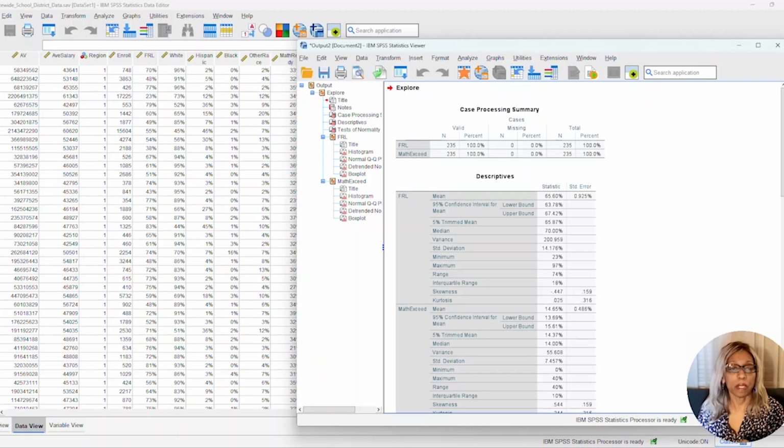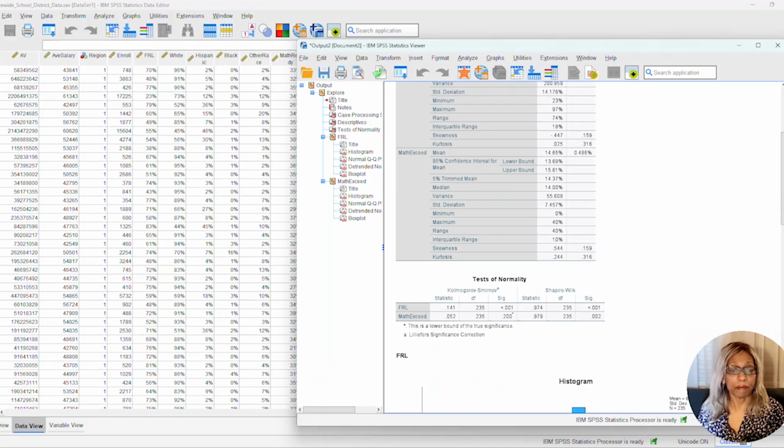And this is where it gets interesting in that we have a mean average of 65.60 for the free and reduced lunch. And for math exceed, the mean is 14.65%. However, the tests of normality are very different.